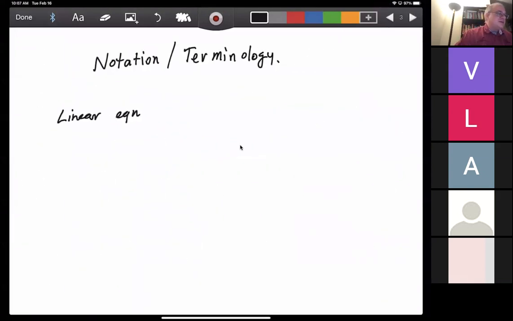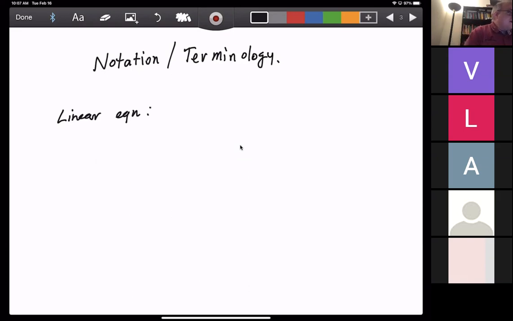We're going to go back now and start talking about notation and terminology. Some of you have seen this before, in which case it's a reminder, please be patient. But there are always people who haven't seen all of this before, so I want to make sure everyone's on a level playing field.